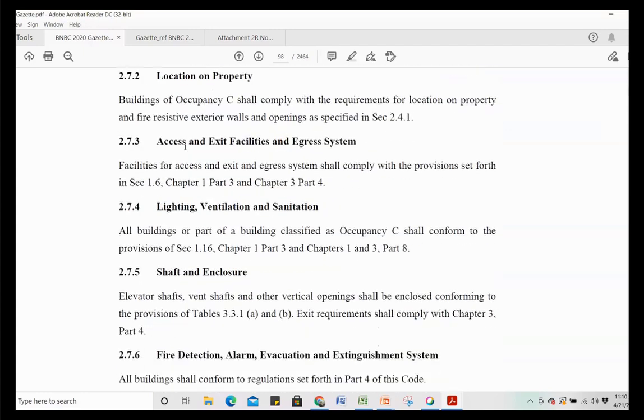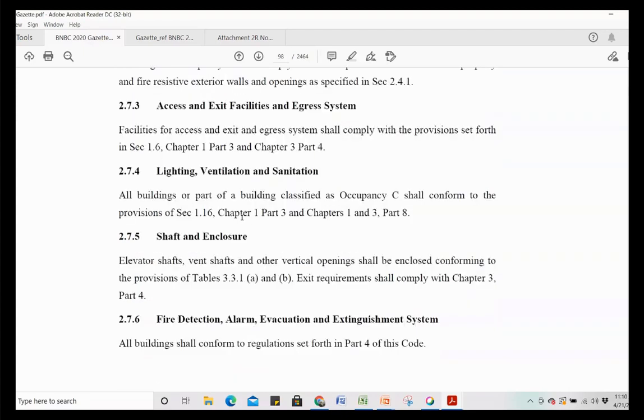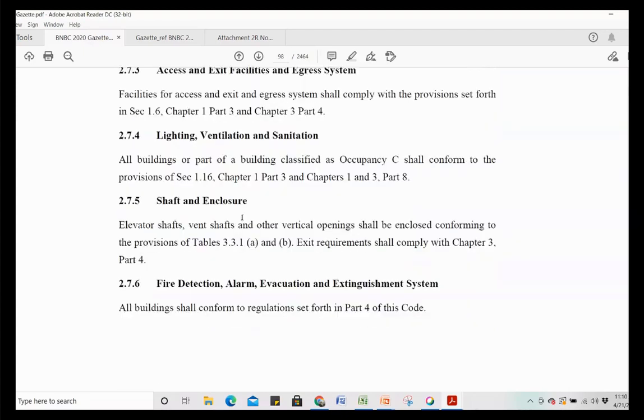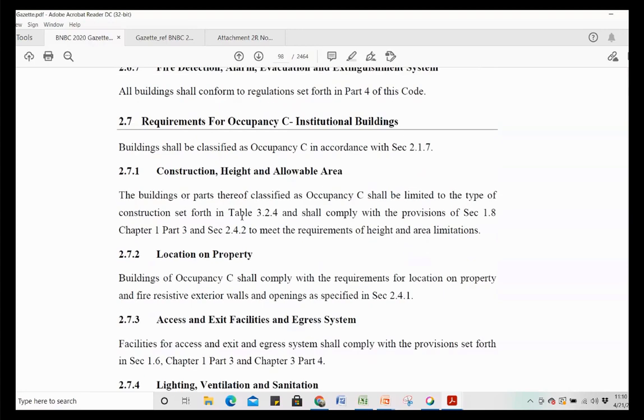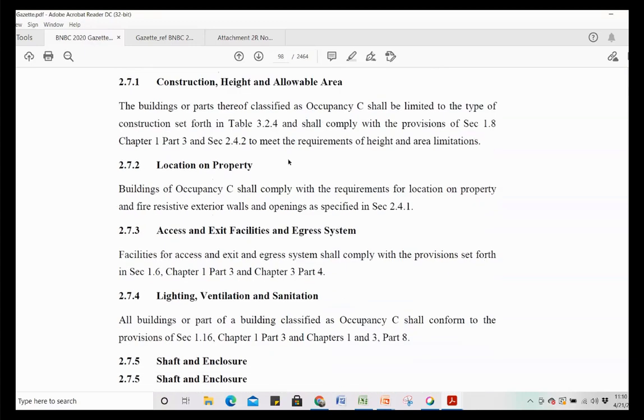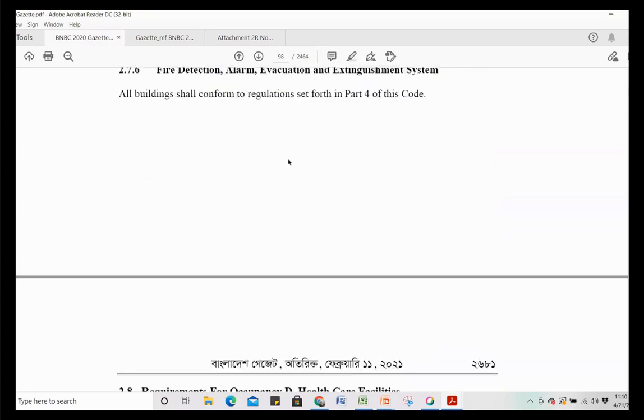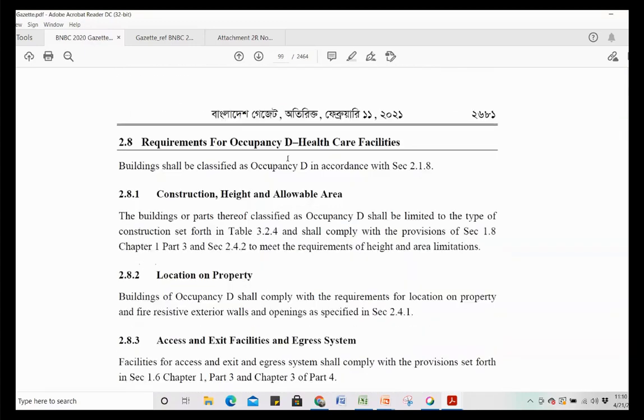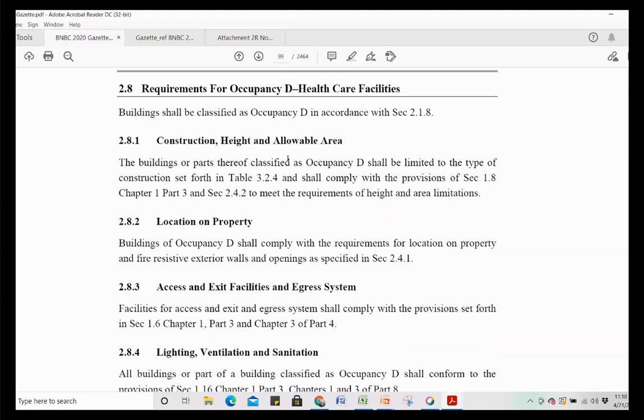So these are all referred to the other sections and parts of the code. So for institutional buildings, there is no special criteria needed here.